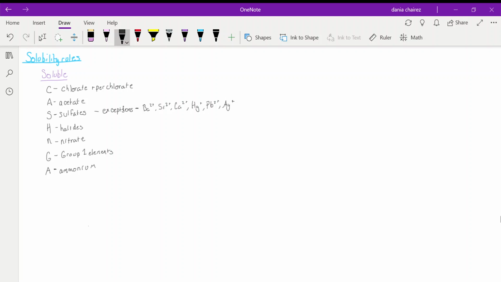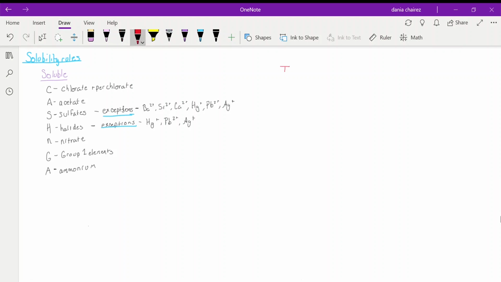So if your sulfate is ever mixed with any of these, it becomes insoluble, and your halides also have exceptions. Those exceptions are mercury, lead, and silver. So all of these are soluble in water, except sulfates and halides when added to these things. But other than that, they should dissolve in water.